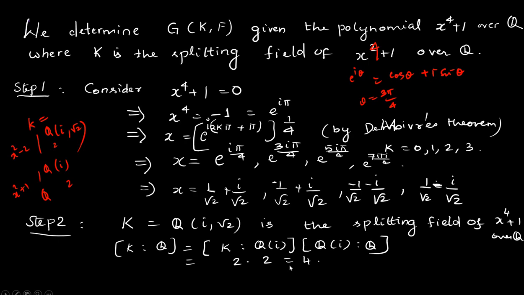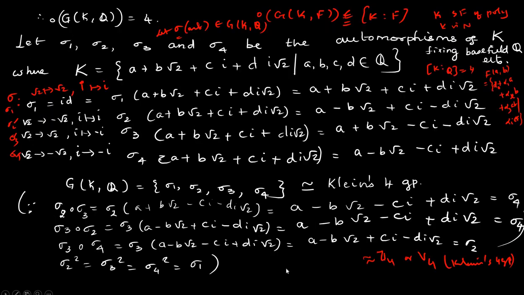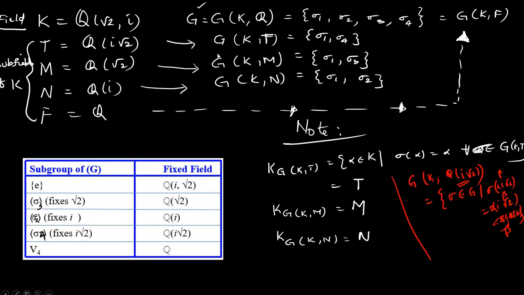So we have got the relation between these two. This one will correspond to this, this one will correspond to this, and this one will correspond to this, and this to this. So you have singleton E corresponding to this here, only the identity mapping, which means sigma 1.